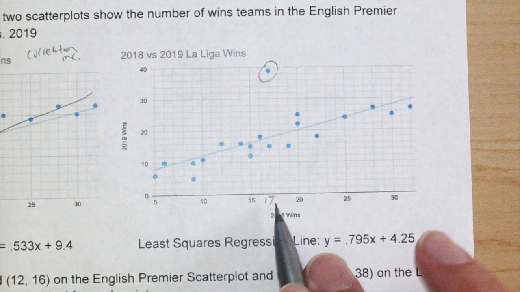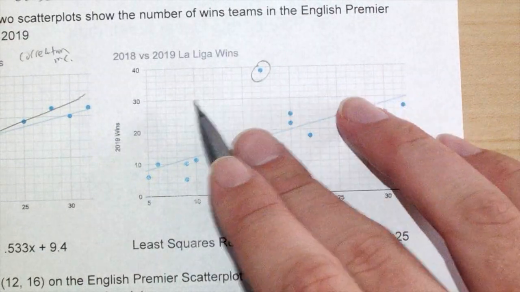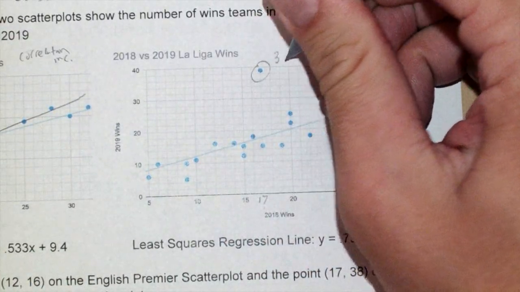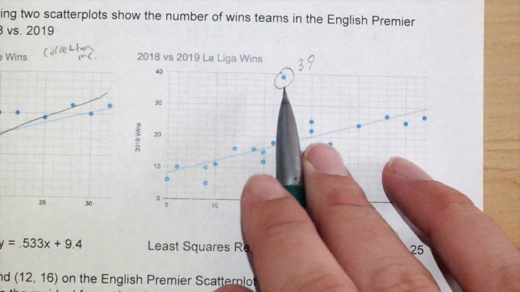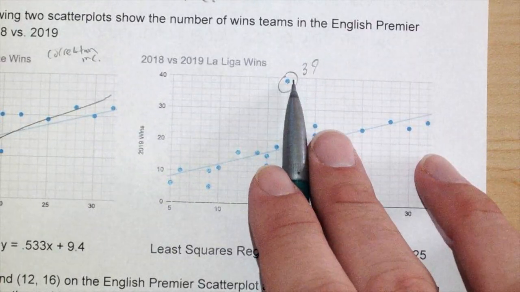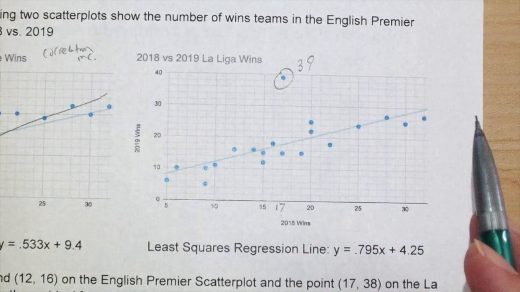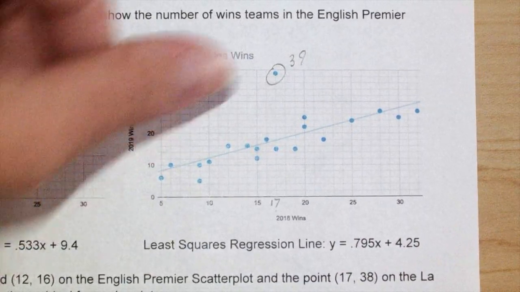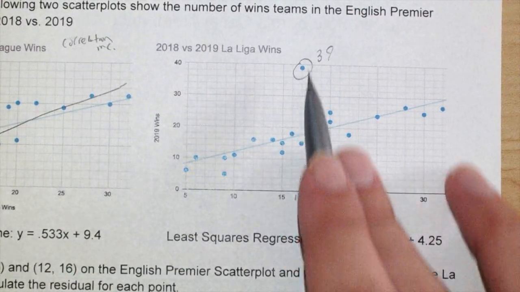The first year they had 17 wins, and the second year they had a really monstrous season and won 39 times. So this was an overperformance. Obviously, the residual would be positive, but now we have to think what would happen if we took this point away. And how this is different than the last one is the location of this outlier.